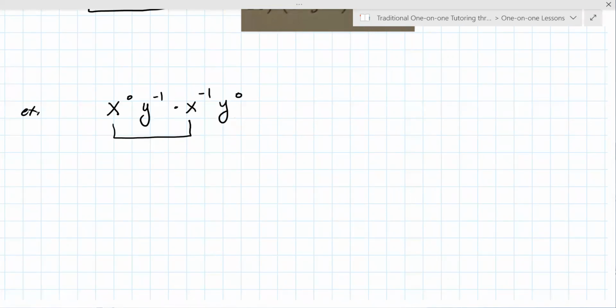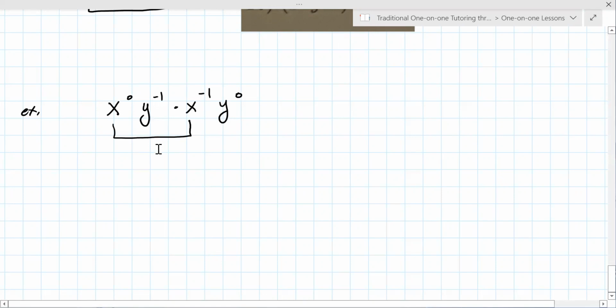Usually adding. Because we're multiplying, you add here. So this becomes 0 minus 1, or 0 plus -1. And then what about this one here? Same thing, -1 plus 0. So what is 0 minus 1? -1. -1 times y to the -1.